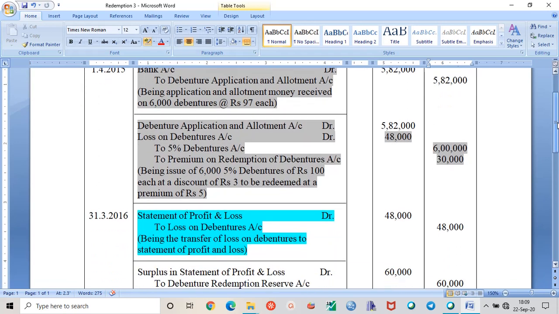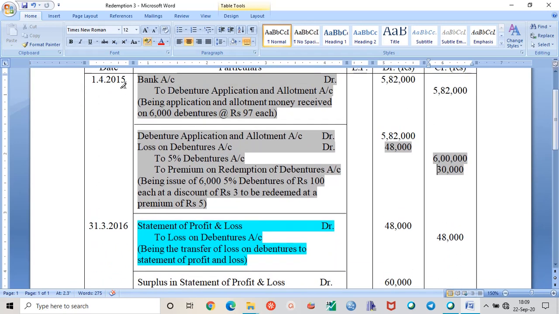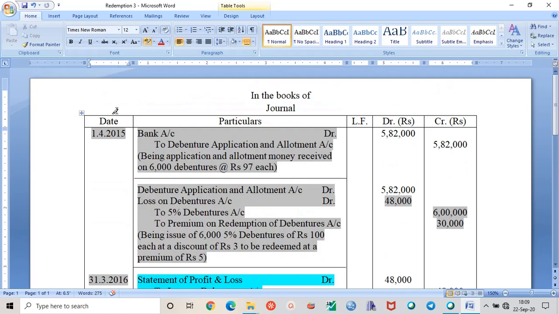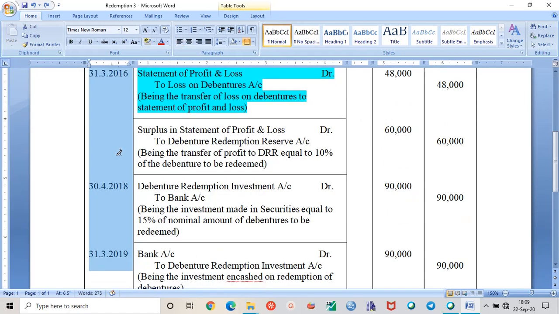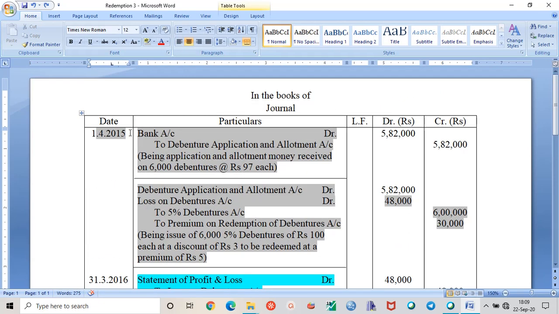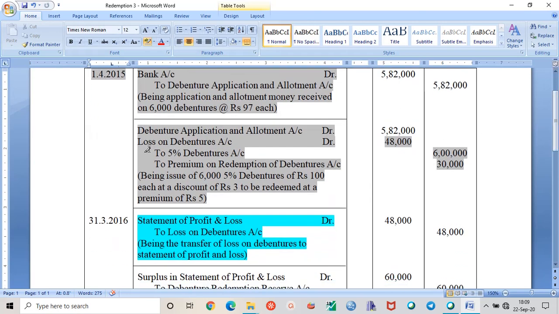Now let us move on to the third entry. This is your opening date, 1st April 2015. So the closing date will be 31st March 2016. On the closing date, you have to transfer this loss to statement of profit and loss.